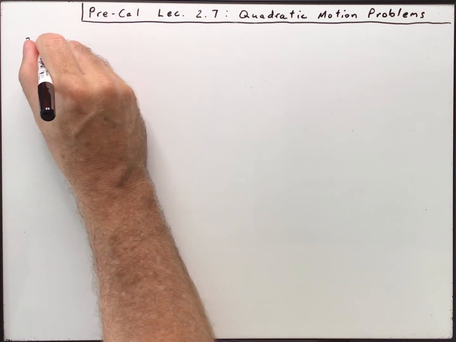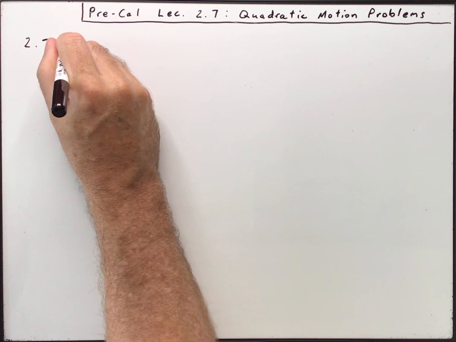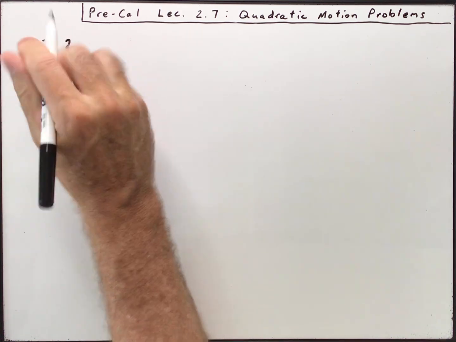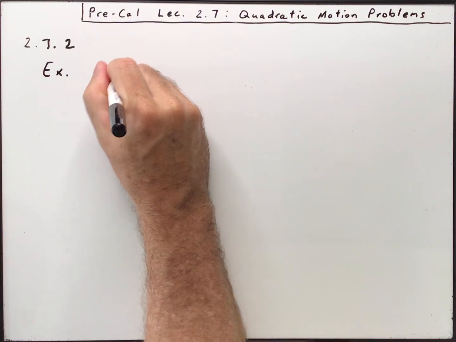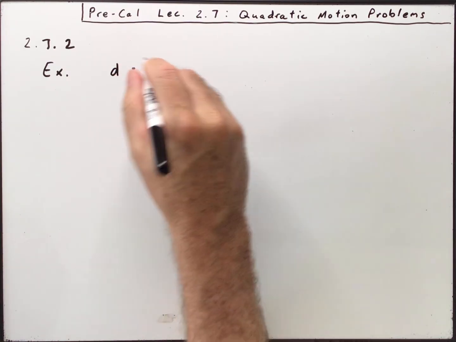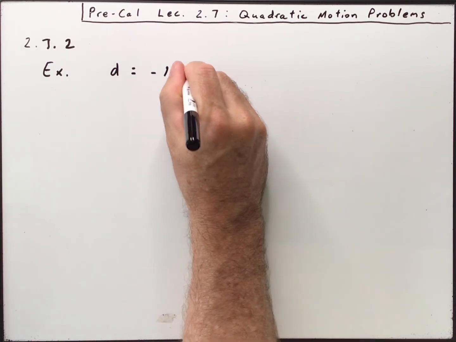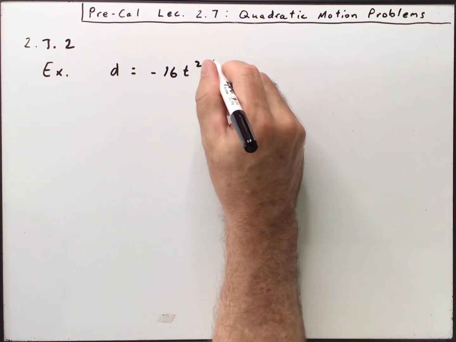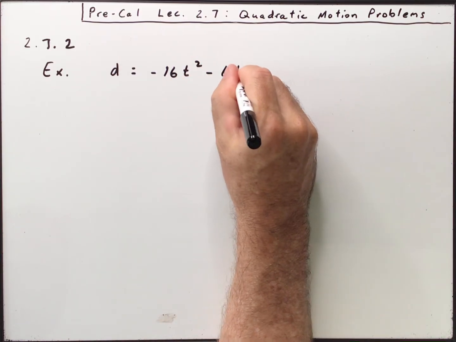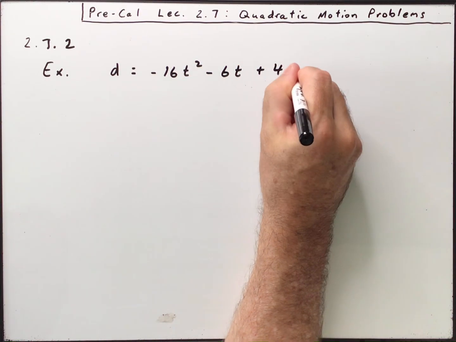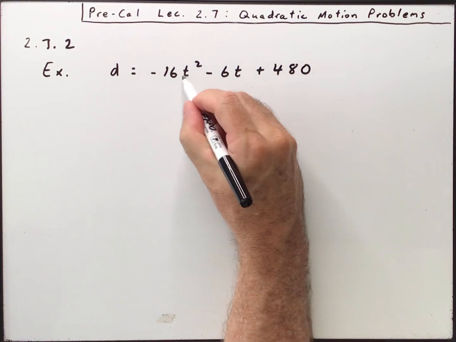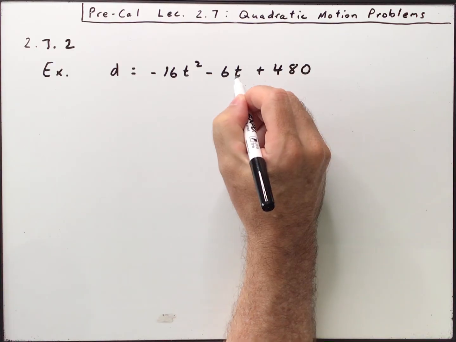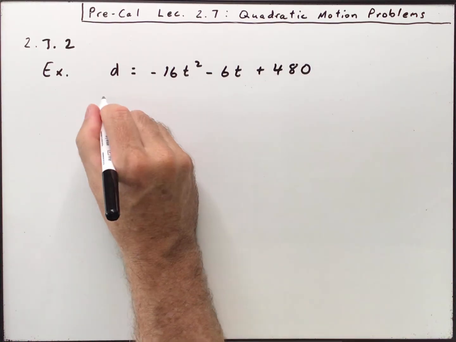So we're still in 2.7.2. So we have this equation, d, that's distance above the ground, is equal to negative 16t squared minus 6t plus 480. And what the problem says is how many seconds, so we want to solve for t, before the rock is at a height of 424.